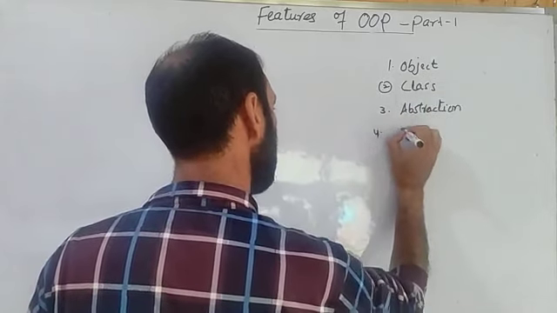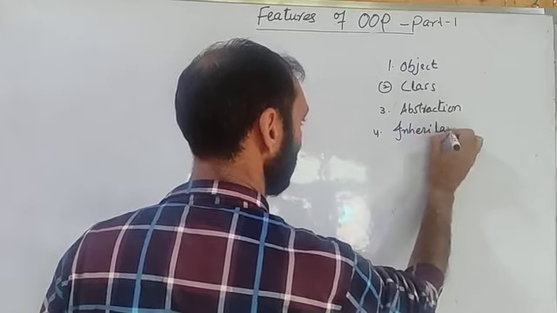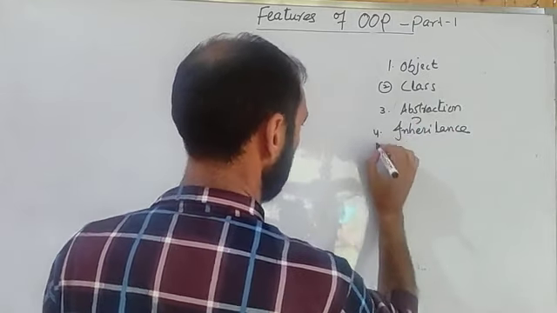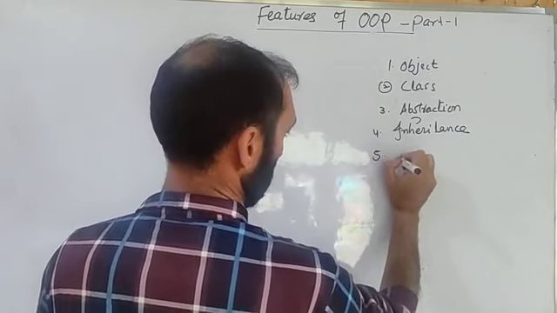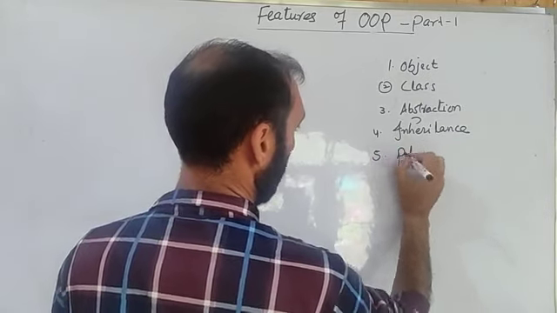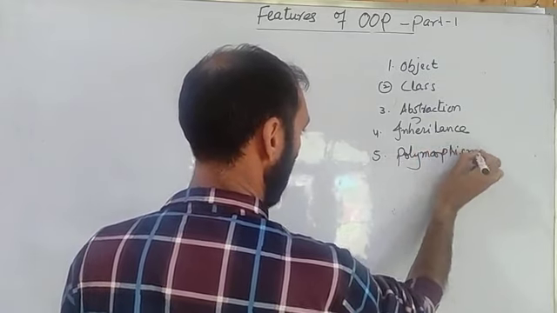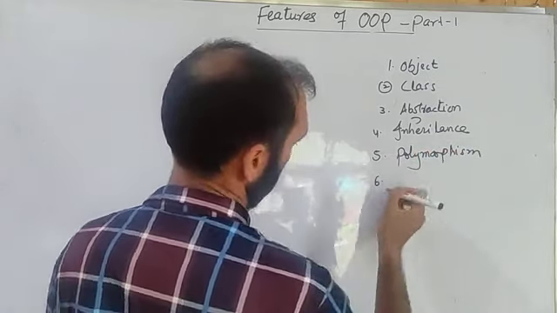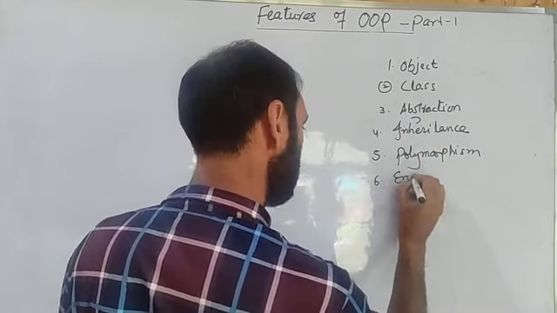Fourth one is the inheritance. Fifth one is the polymorphism. And sixth one is the encapsulation.